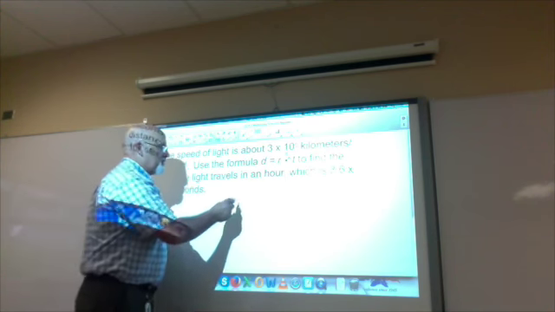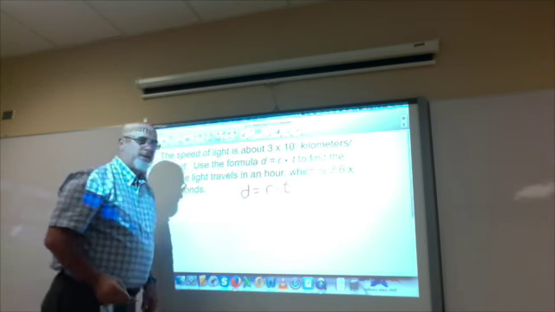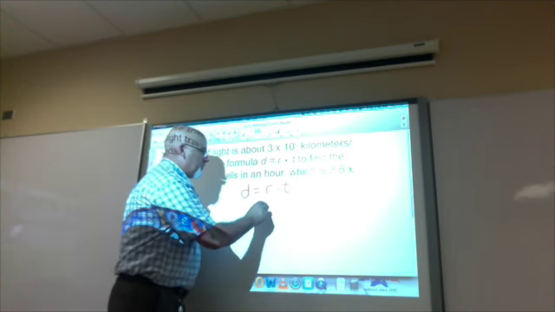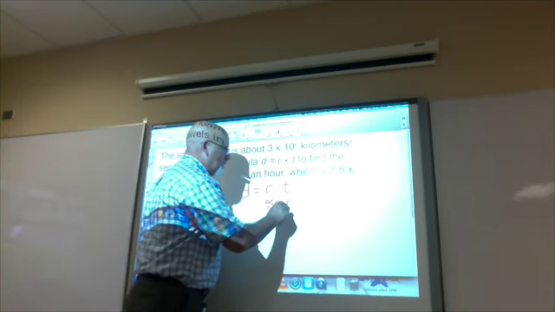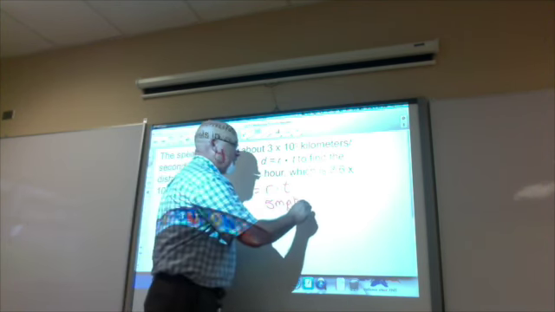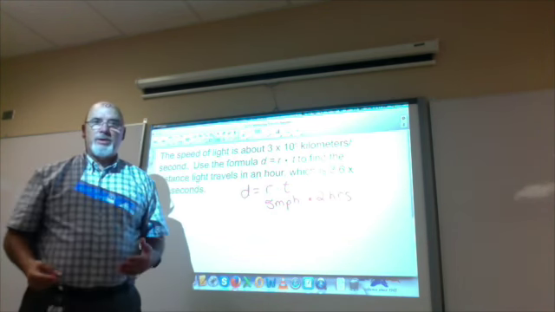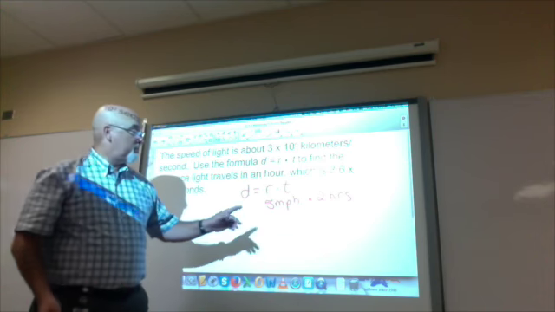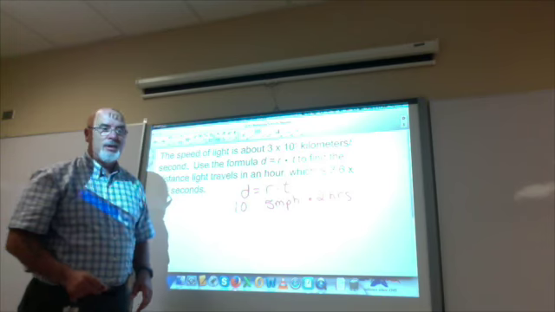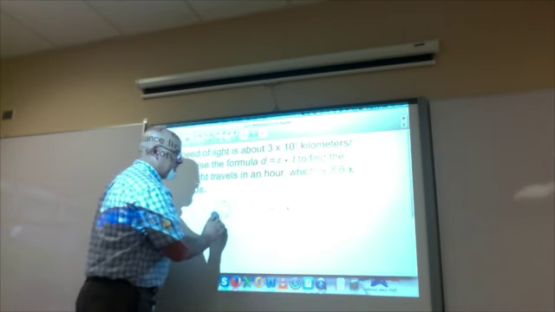Now, if I told you that with the same formula, distance equals rate times time, you traveled at 5 miles per hour for 2 hours, the way you would find out how far you went would be 5 times 2, which would give you 10 miles. We're going to do the same thing, except we're going to be using scientific notation.